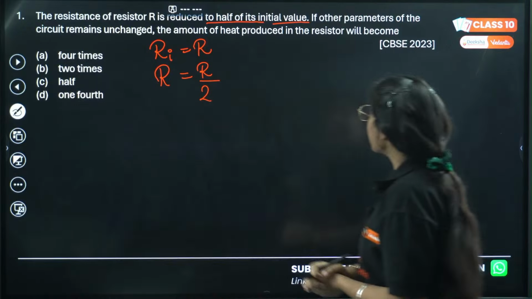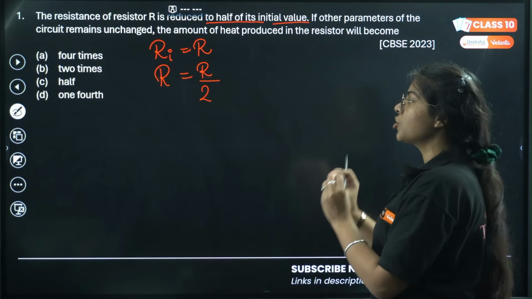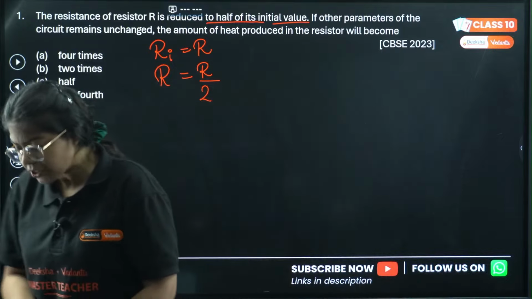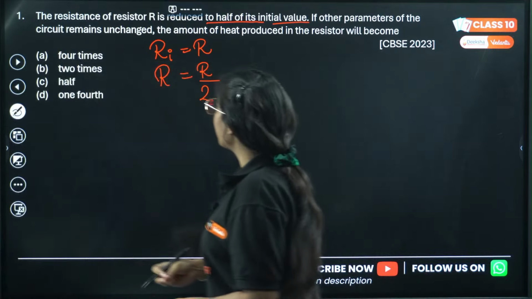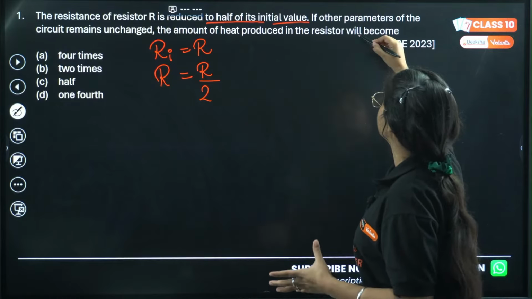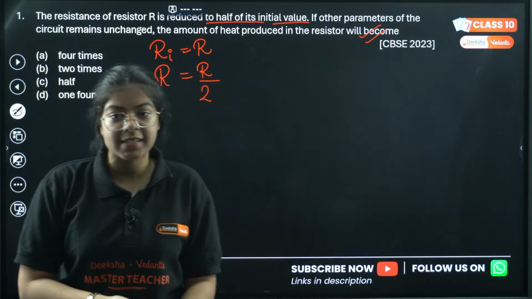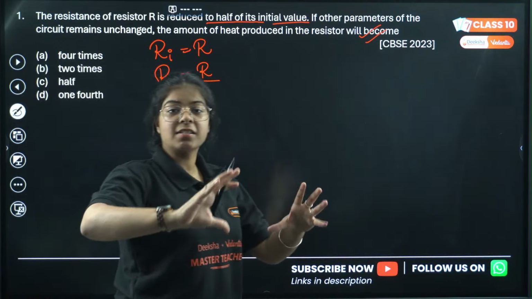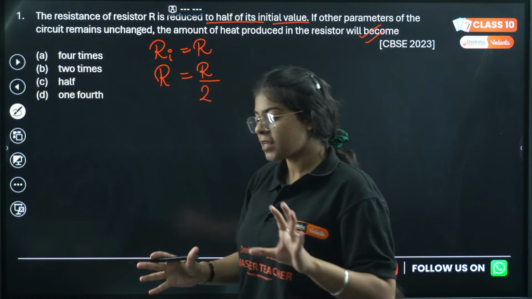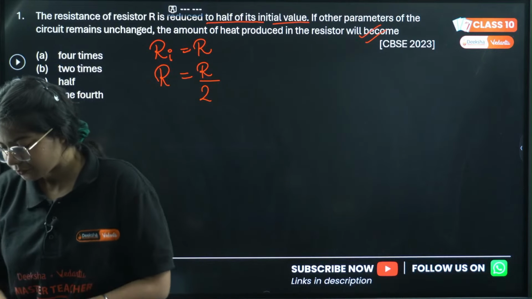If all other parameters of the circuit remain unchanged, then we have to see what will be the amount of heat produced in the resistor if its resistance becomes half but all other parameters remain unchanged. Okay, Amit is saying C.